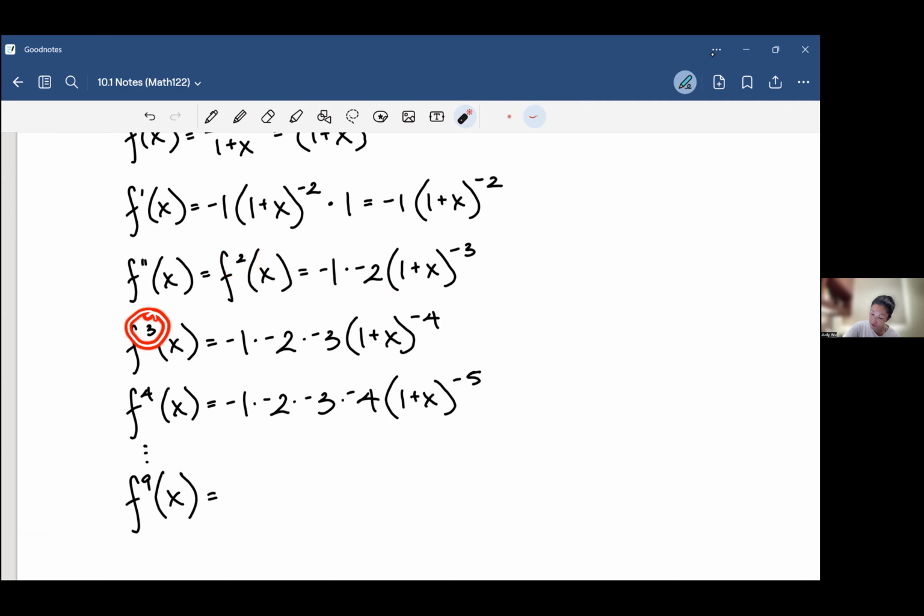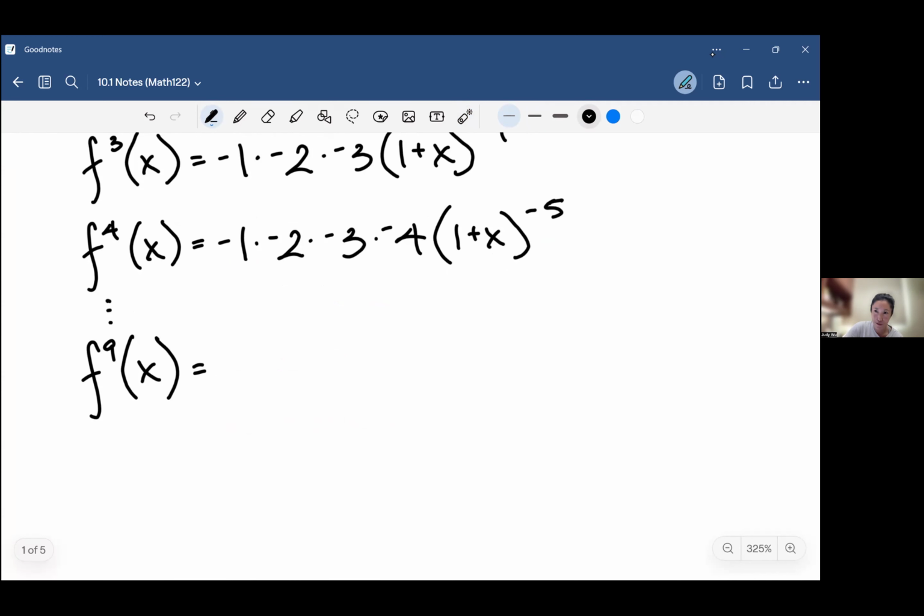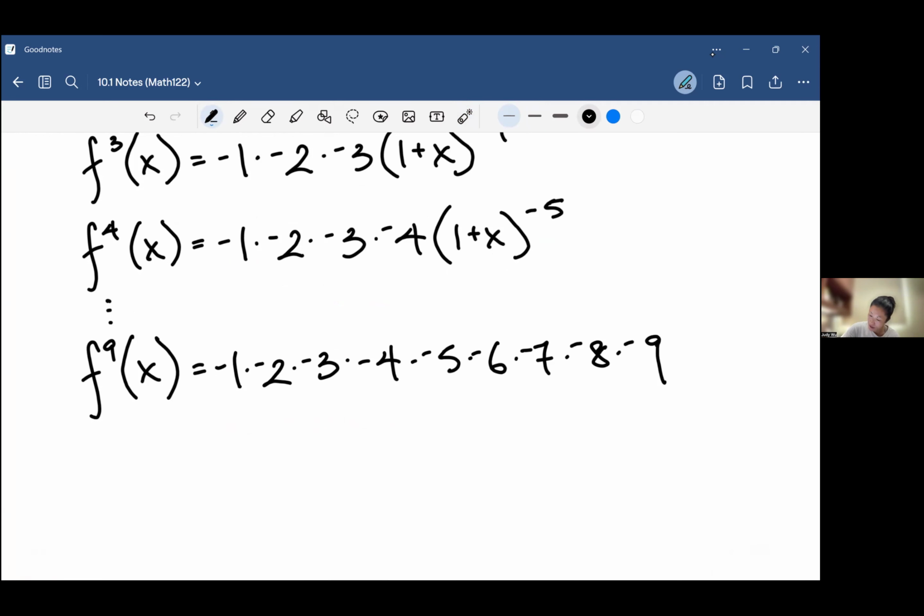And for the third derivative, I had -1 times -2 times -3. And for the fourth derivative, I had -1, -2, -3, -4. So I bet for the ninth derivative, it's going to be -1 times -2 times -3 times -4, -5 times -6 times -7 times -8 times -9. Seems like a reasonable guess based off of what we've seen.